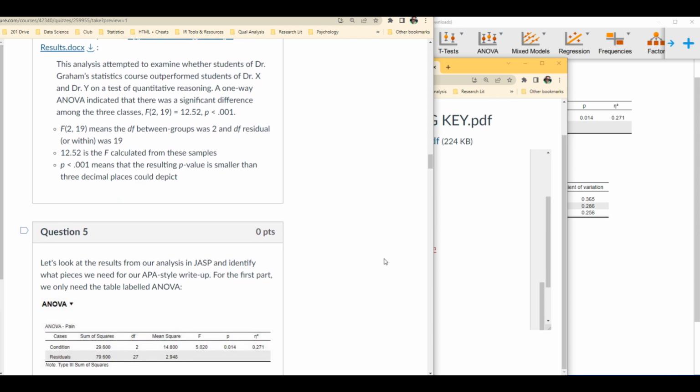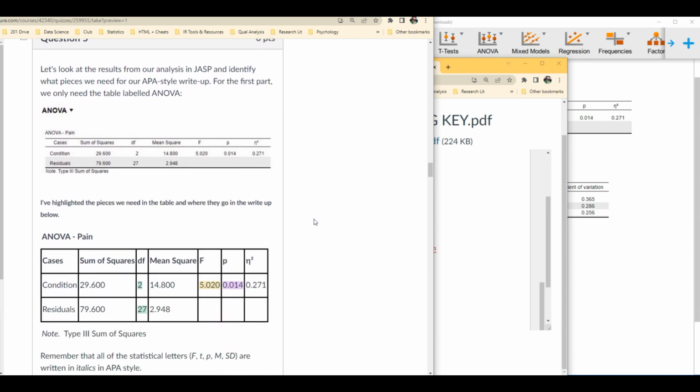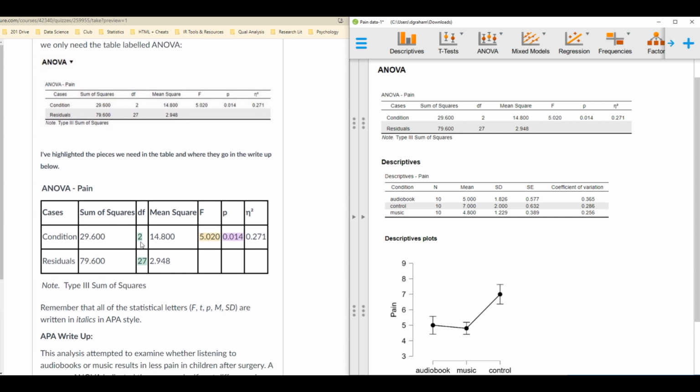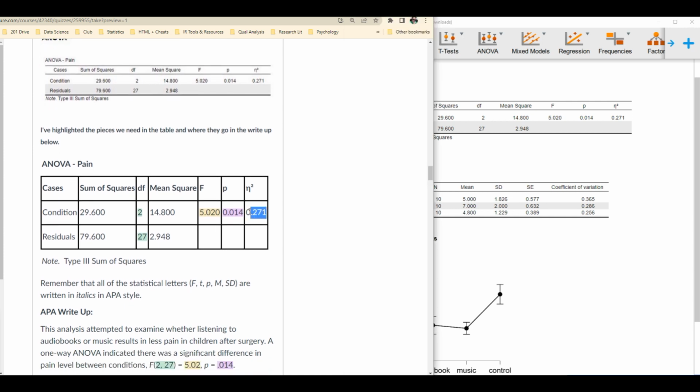So let's look at our result and practice writing it up in that APA style. So for the first part, we'll really only need this top table, ANOVA. And you'll note that I've highlighted the different pieces that we need in the table for our APA style write-up. And really, best practice suggests that we should include this as well.